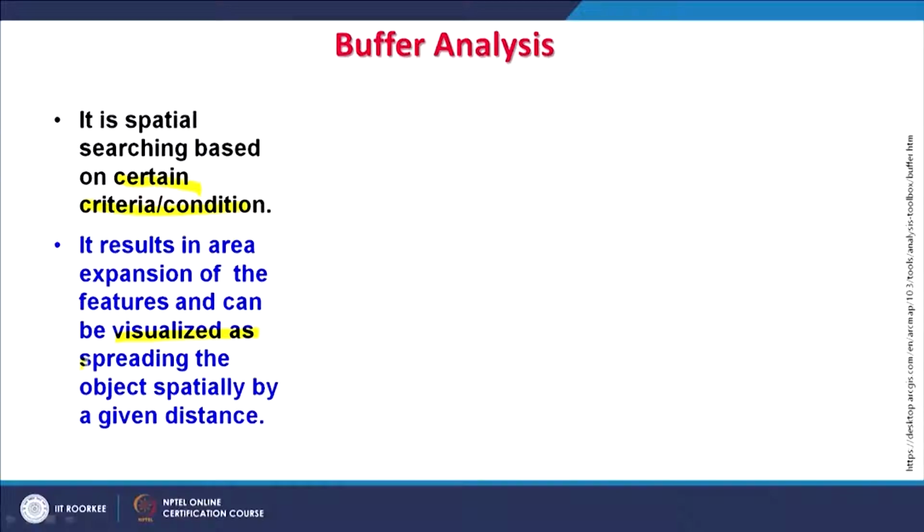Buffers can be created around a point or polyline and polygon, etc. When we go for a buffer analysis, it creates an area expansion, widening the area of the feature, may be point, line or polygon, and then we can visualize it as a spreading object, especially by a given distance. This distance we have to provide as user, that is, how much expansion in a particular feature we want.